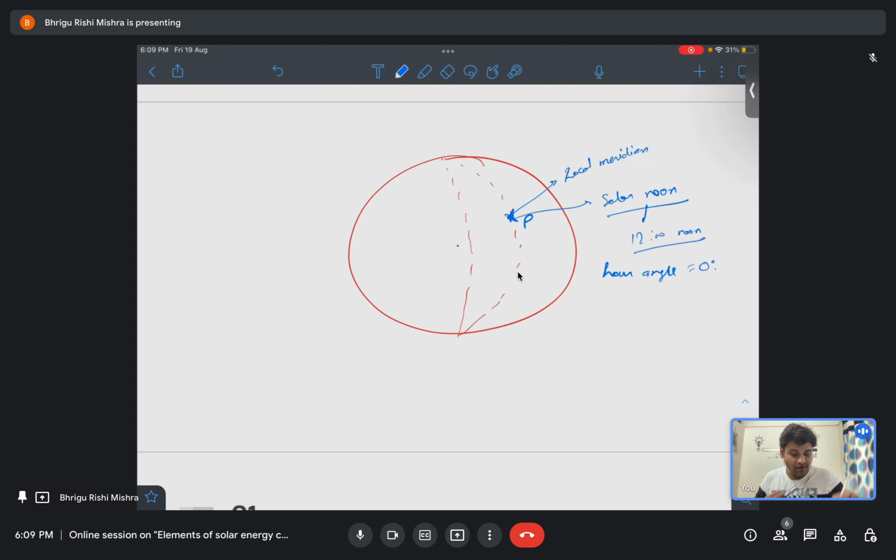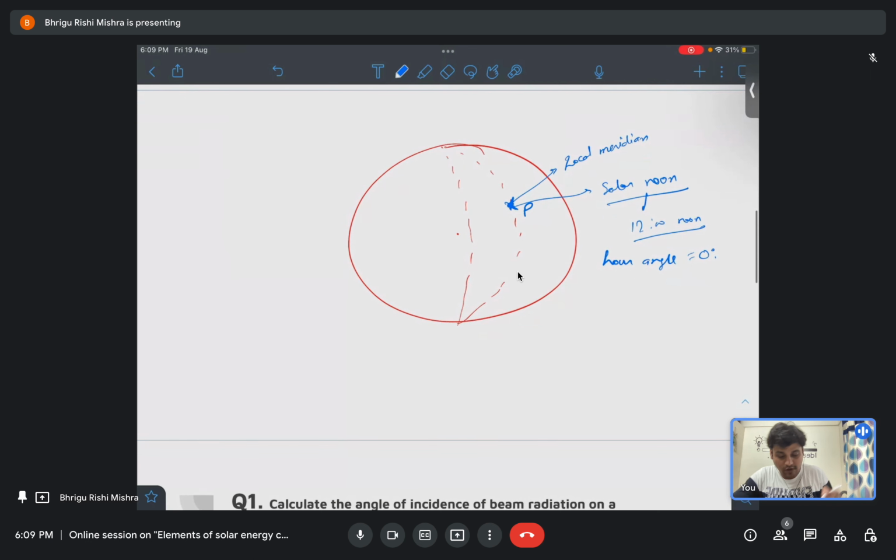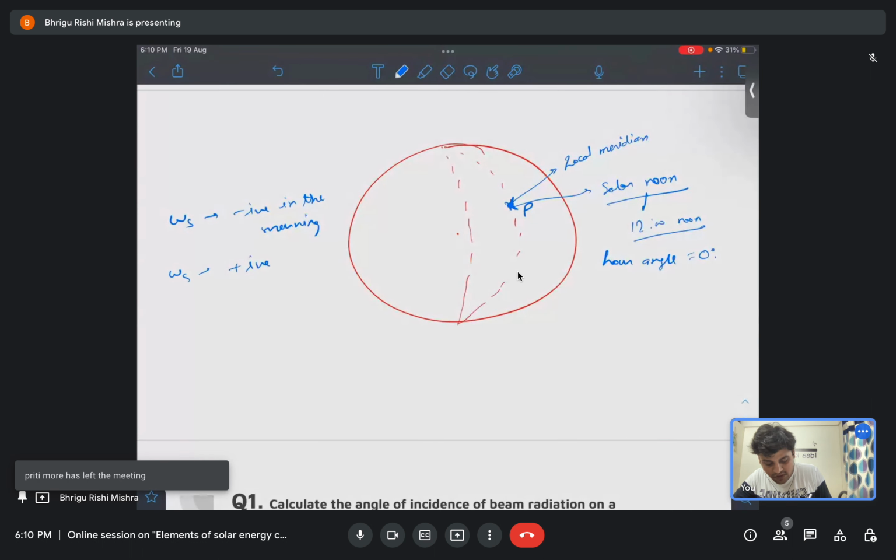The hour angle is 0 for this case. And we also saw that the hour angle is negative in the morning and it is positive in the afternoon.